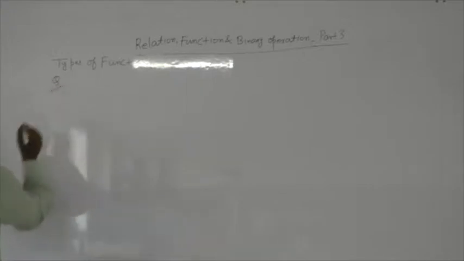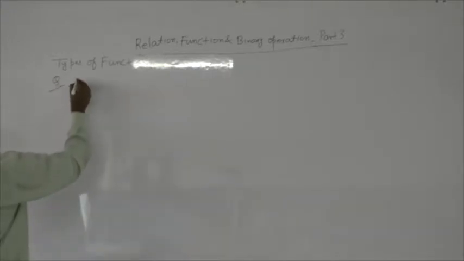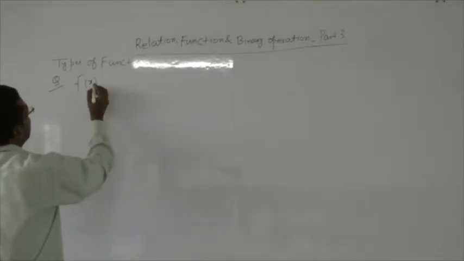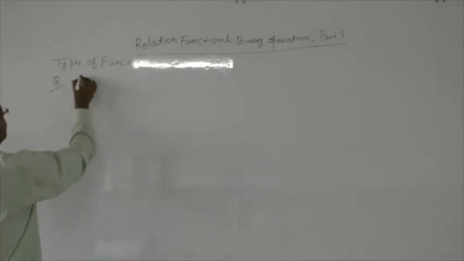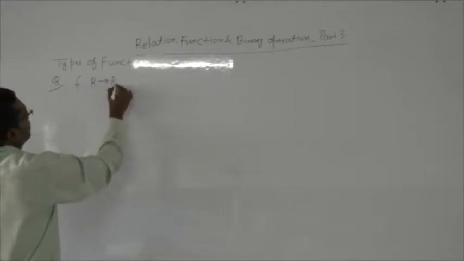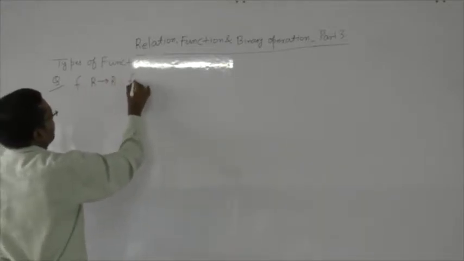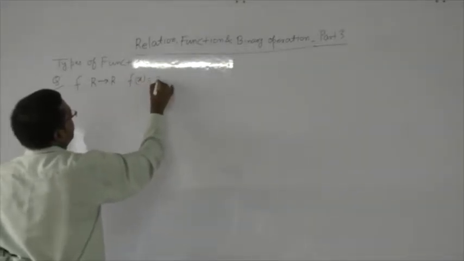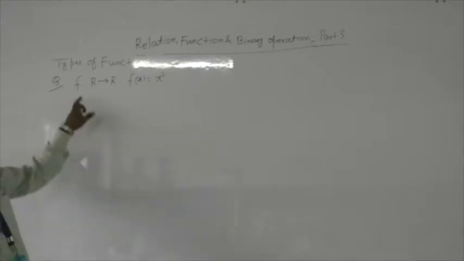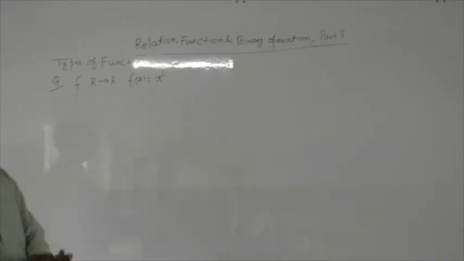The first question: a function f from real to real is given such that f(x) equals x squared. We have to check whether this function is one-one or many-one.